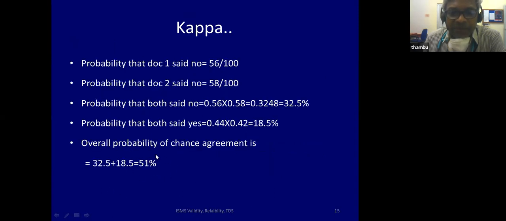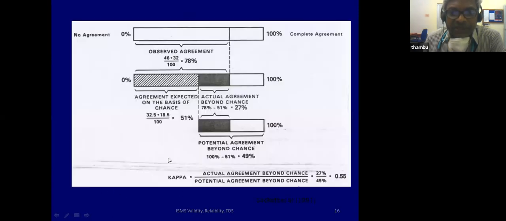And the chance agreement we said is 51%. So the observed agreement is this number, 78%. Based on chance alone, we have said there is 51% of agreement, which is 32.5 for saying no and 18.5 for saying yes. So the rest of it is beyond chance.